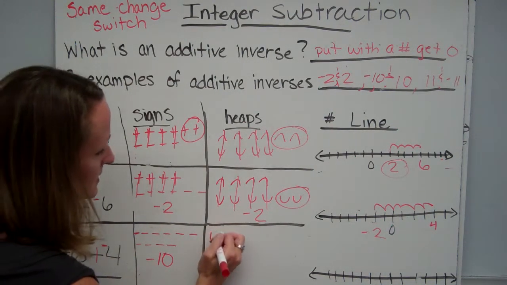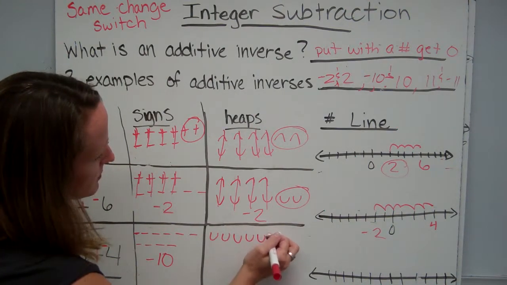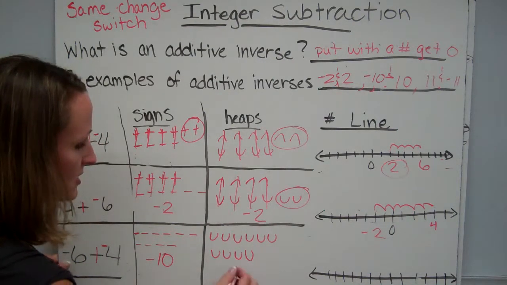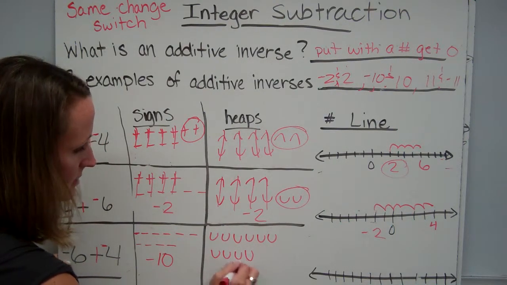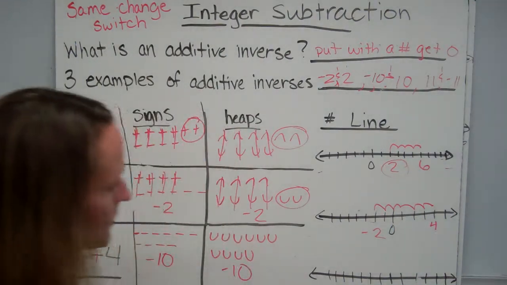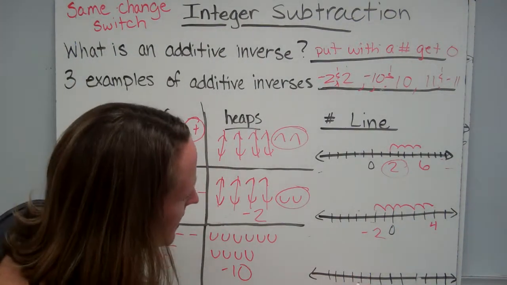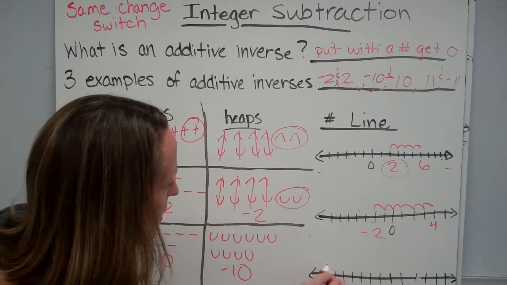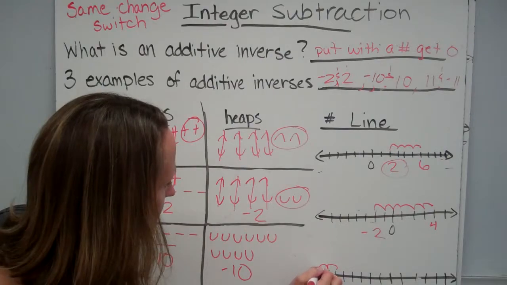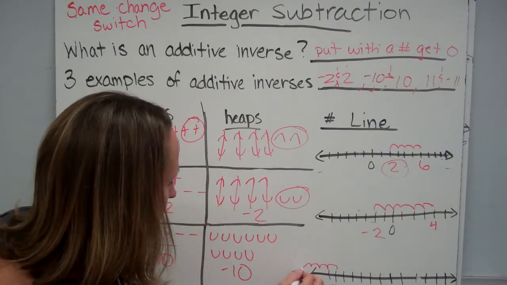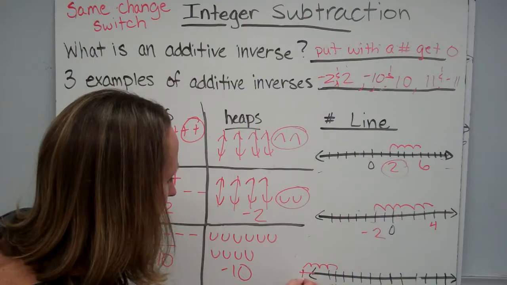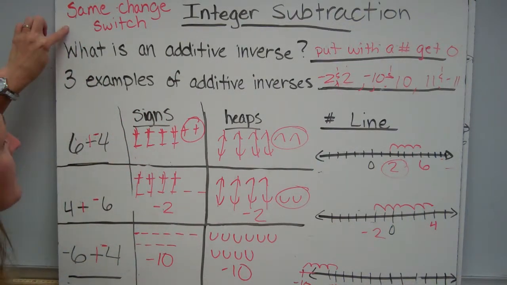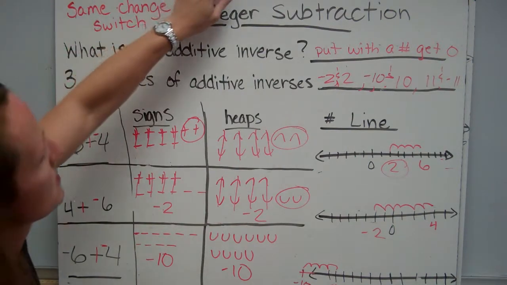Heaps and holes. 6 holes. 4 more holes. I just got -10. What happens over here? I start at -6. I go 4 in this direction, so -7, -8, -9. If my number line were still going, I would be over here at -10. What's my rule? Same, change, switch.